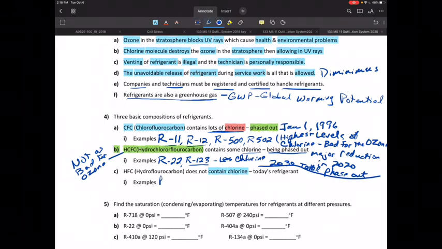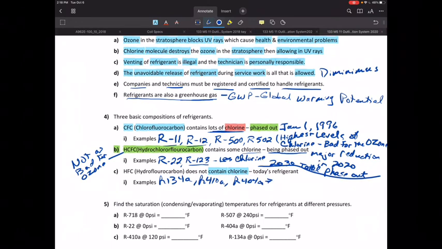So one of them is going to be R134A, R410A, and we have R404A. R404A, we have some trainers that will use that in the lab, so both of those two are in there. A lot of ice machines use these types of things. So let's take a look at some of these.